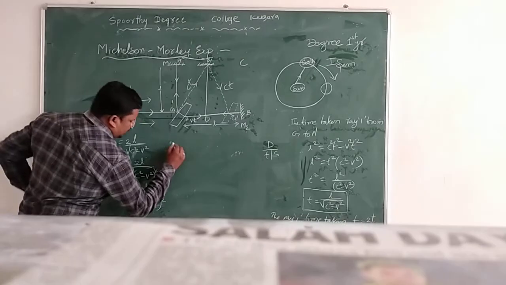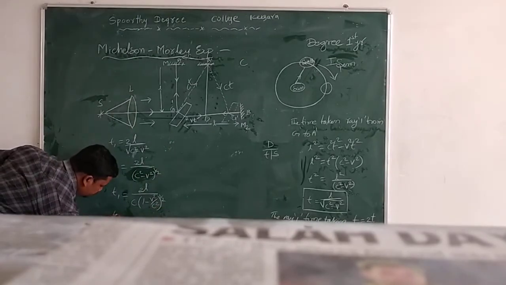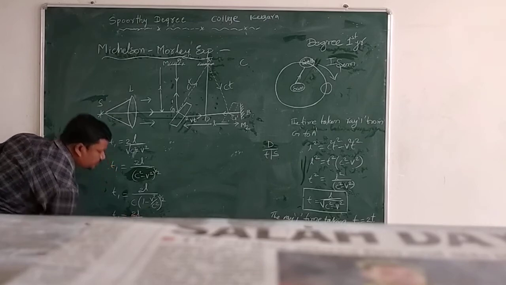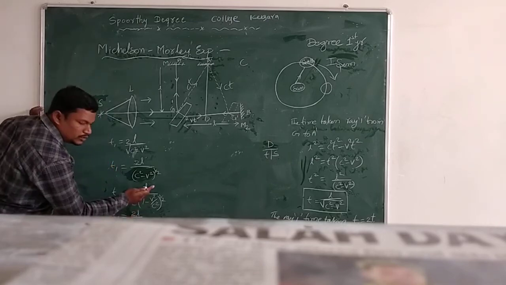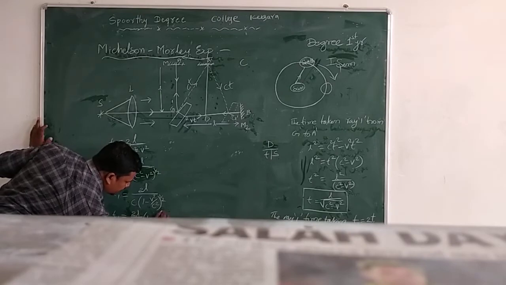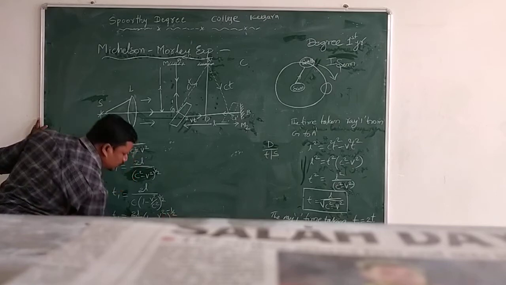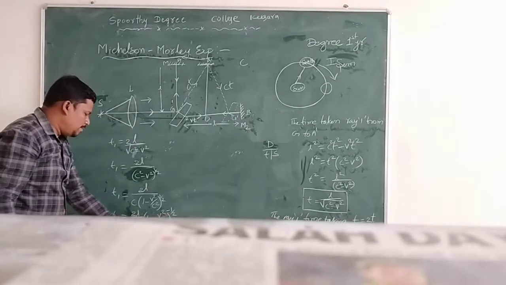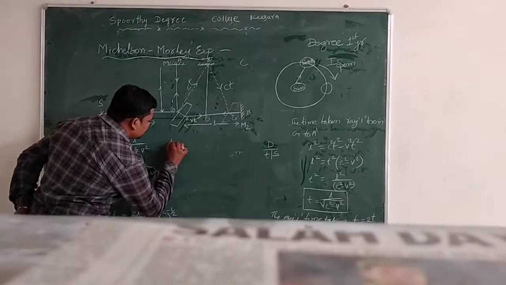Here T1 equal to 2L by C. This goes to numerator. 1 minus V square by C square, power minus 1 by 2. According to the binomial expansion, then apply the power.